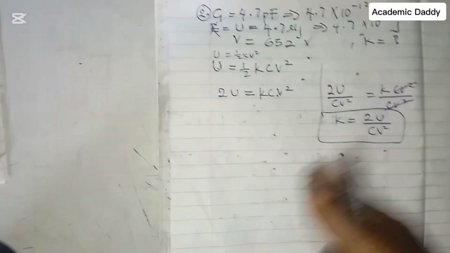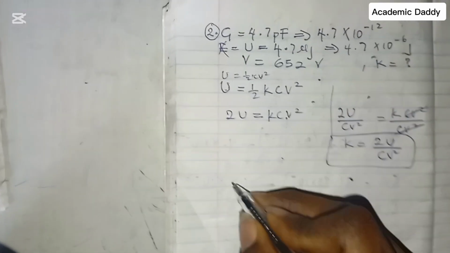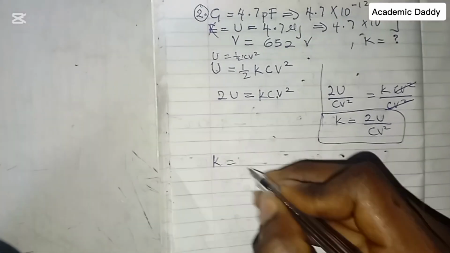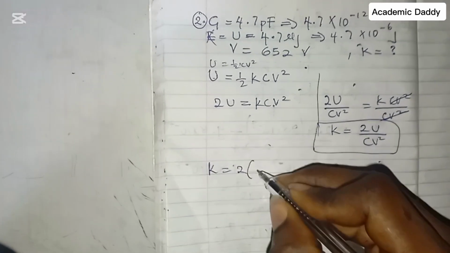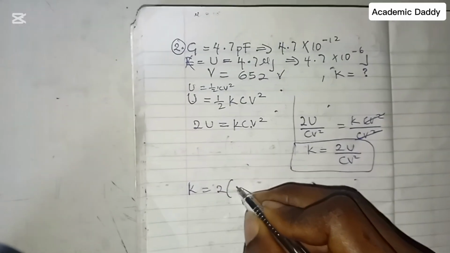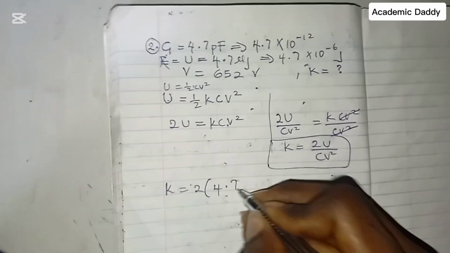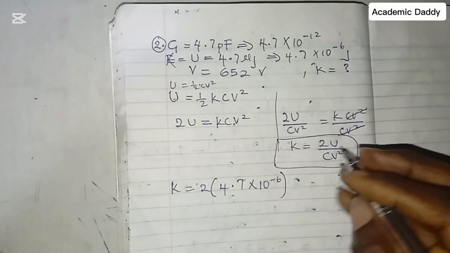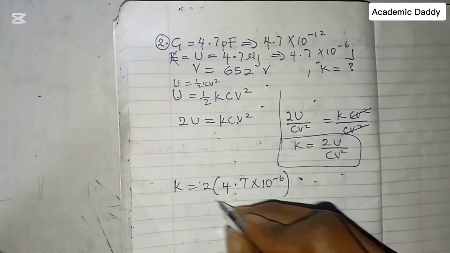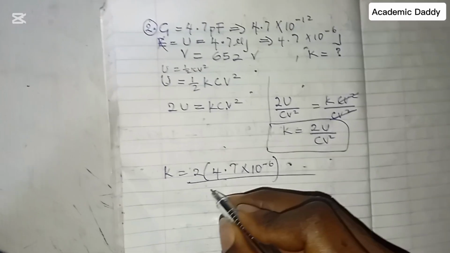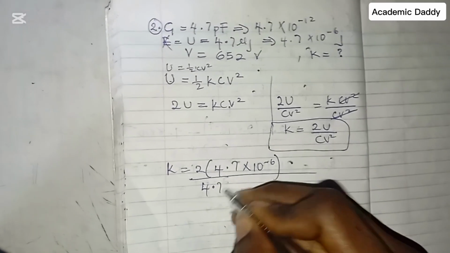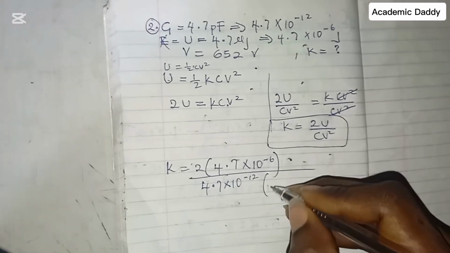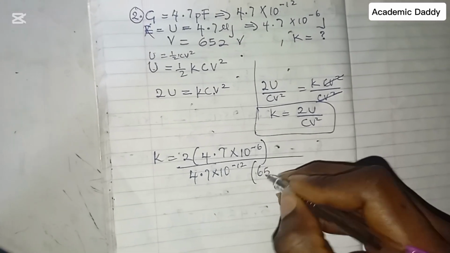So if we know this, we can now say K will be equal to 2 times U, which is 4.7 times 10 raised to the power minus 6 joules, all over C, which is 4.7 times 10 raised to the power minus 12, and V is equal to 652.